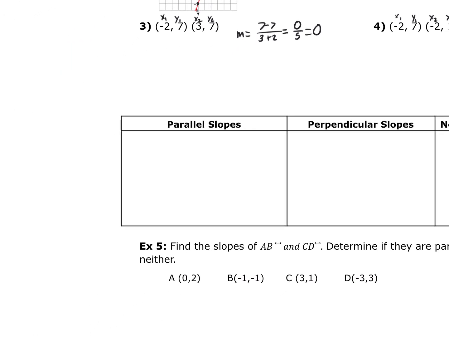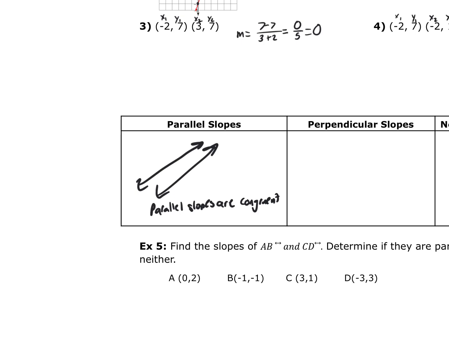Parallel slopes. The way parallel slopes work, if you think about it, we got parallel lines. And so anytime we have parallel slopes, they are congruent. So those are always the same.